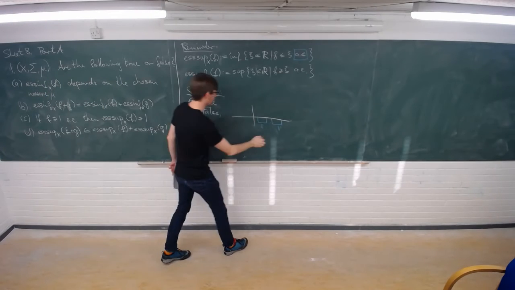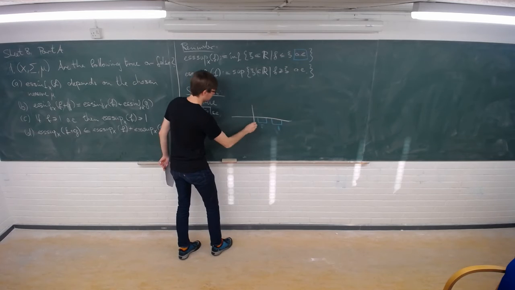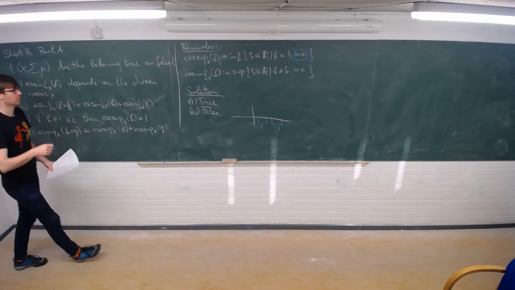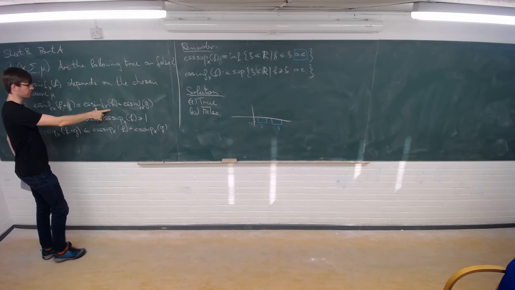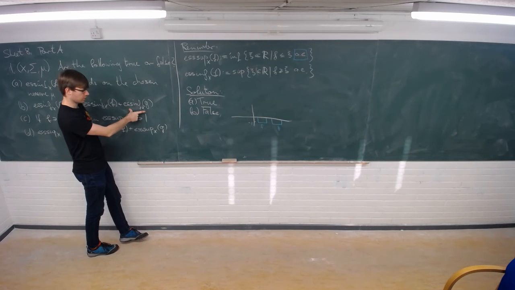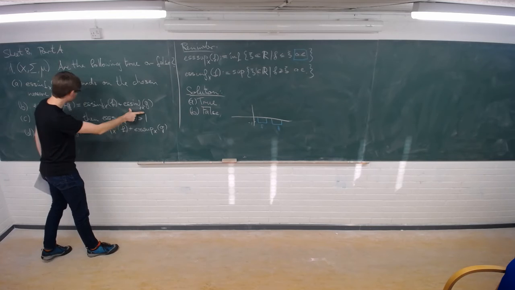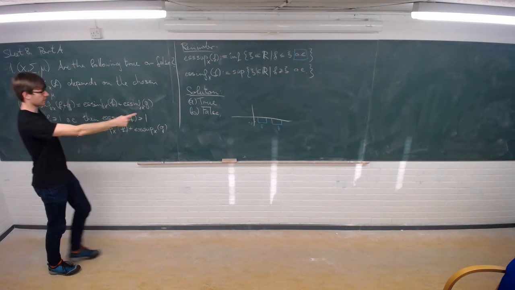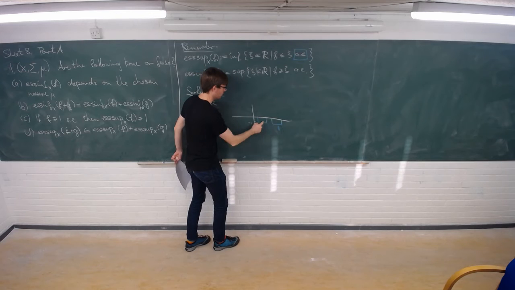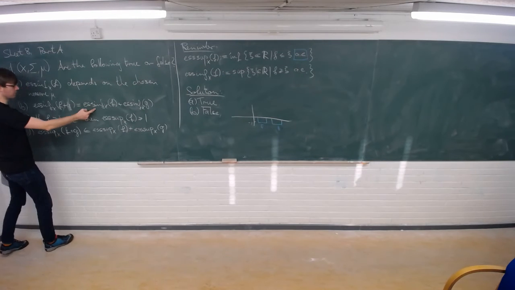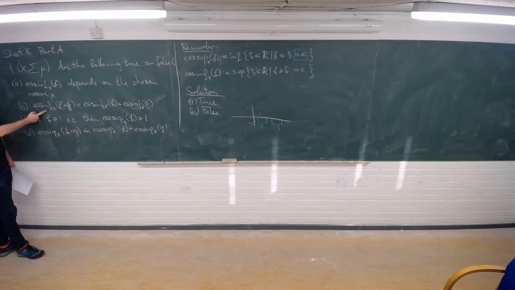This should work, because say their value is -1, then the essential infimum of f is -1. The essential infimum of g is also -1. So the right-hand side is -2. But on the left-hand side, if you take the sum of the two functions, it's just these two blue boxes, and the infimum of these is still -1. So we'd have -2 on the right-hand side and -1 on the left-hand side. So this would be a counterexample, yes.